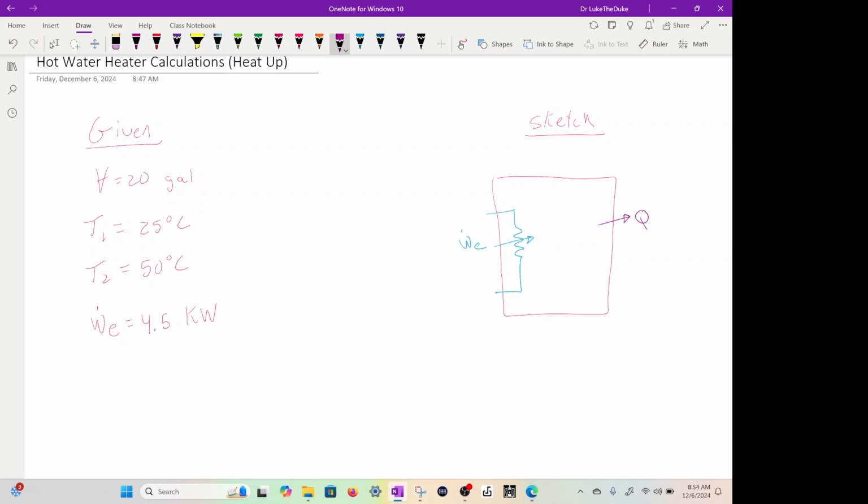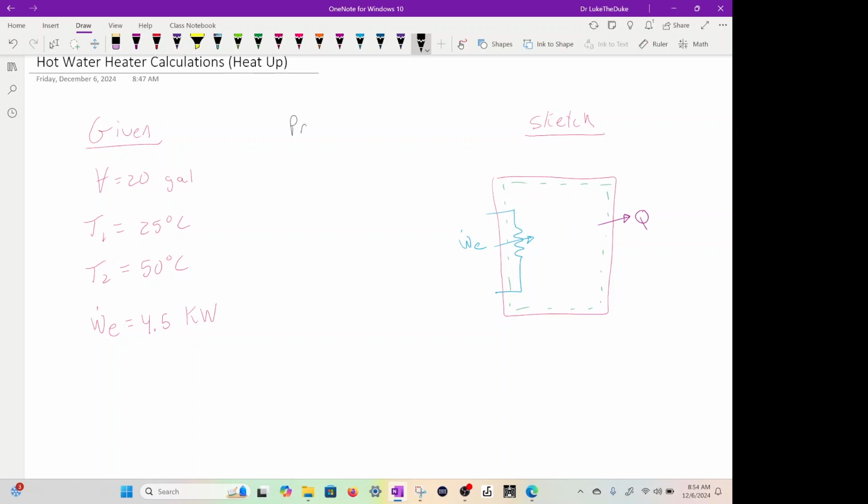Q could come out. Here is our boundary. This is a closed system. We don't have any flow in or out right now. Even though it's a hot water heater, we shut the valve off. There's no running water. It's closed. So we're just heating the hot water heater.